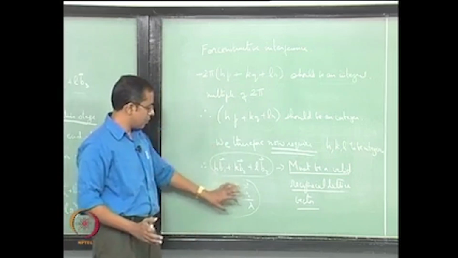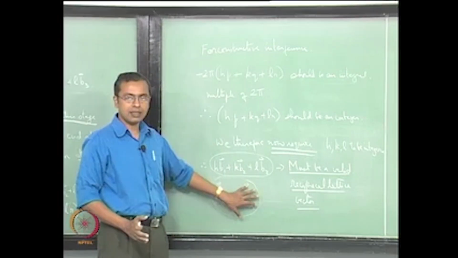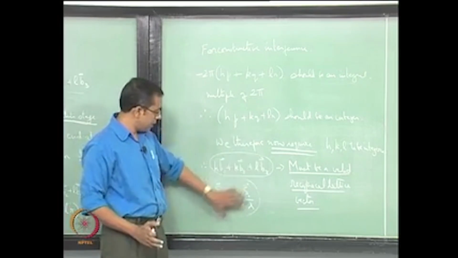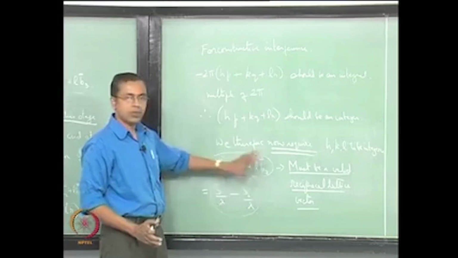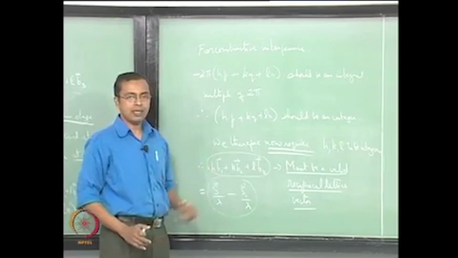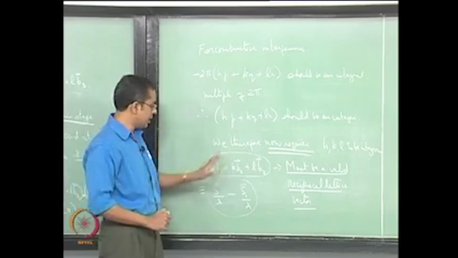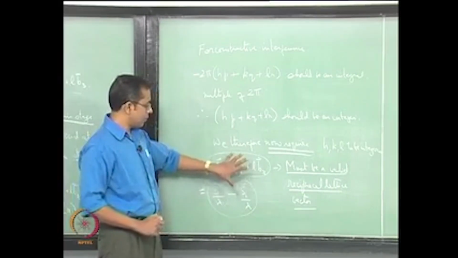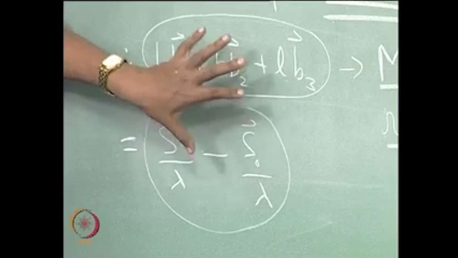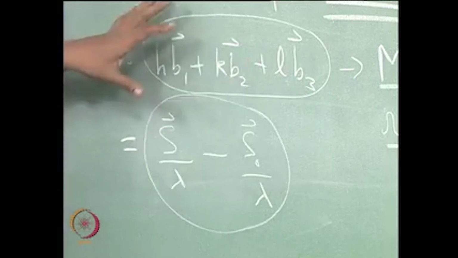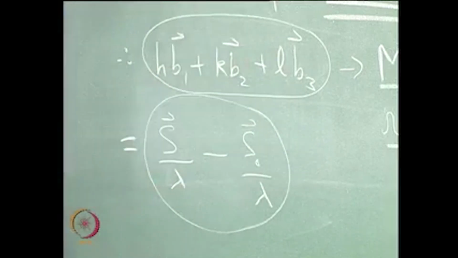We have the reciprocal of the wavelengths with the directions indicating the wave information on the other side, and the fact that they are equal to each other, with h, k and l being integers and therefore being a valid reciprocal lattice point, gives us the complete picture of how we would represent the condition for diffraction in reciprocal space. So this is the important derivation here.